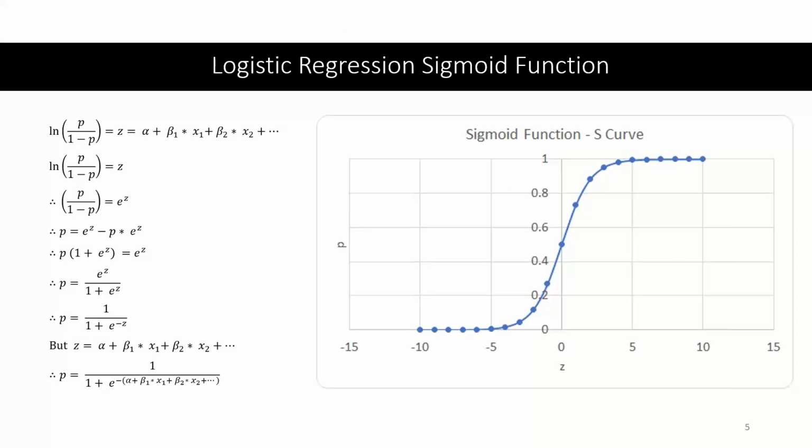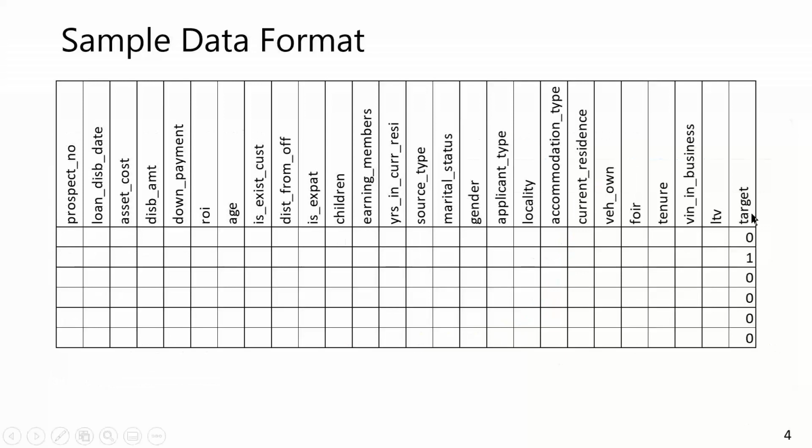Then we went ahead and understood the logistic regression sigmoid function, how linear regression is transformed, and the transformed format of linear regression is actually logistic. This is the column target. In the target variable, we have values 1 and 0.